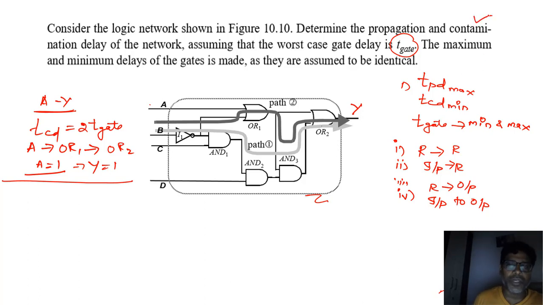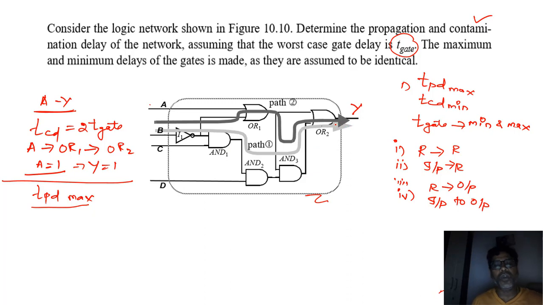What about the second portion? That is, what is the maximum, that is propagation delay, which means maximum delay for this particular network. Okay, for this case, let's try to analyze this. Visually, if you look at this problem, what you could notice here is, if a signal starts from B, it can go through I1, AND 1, AND 2, AND 3, R4.